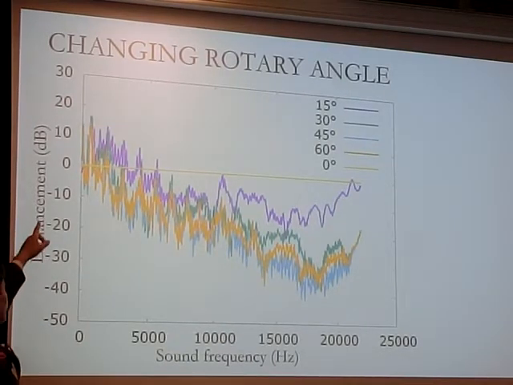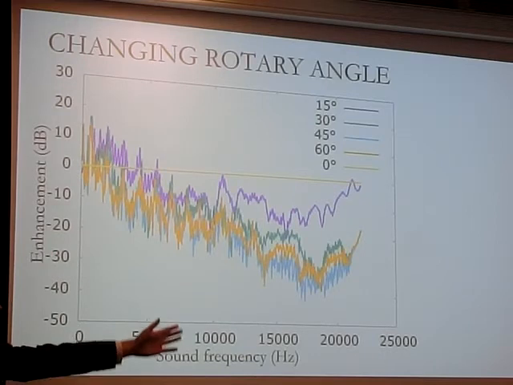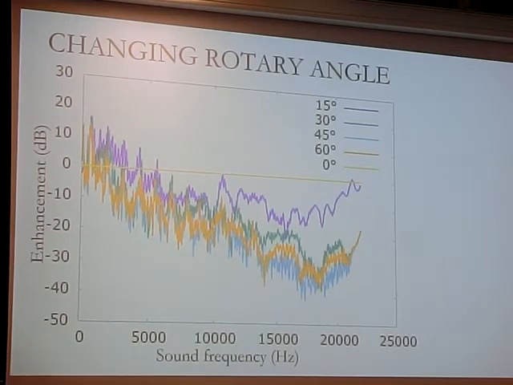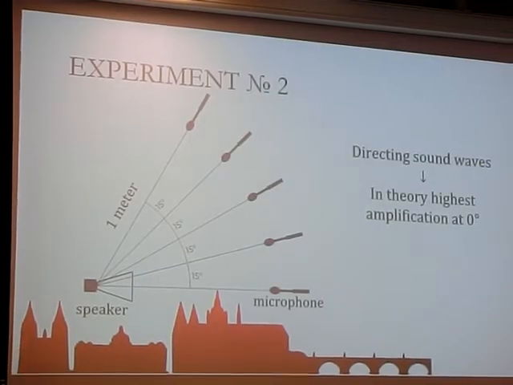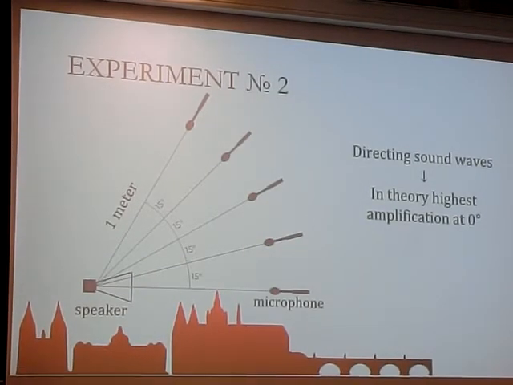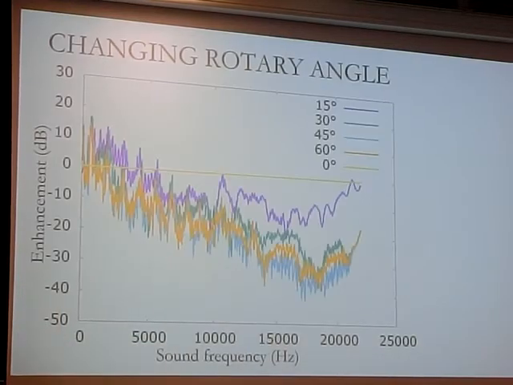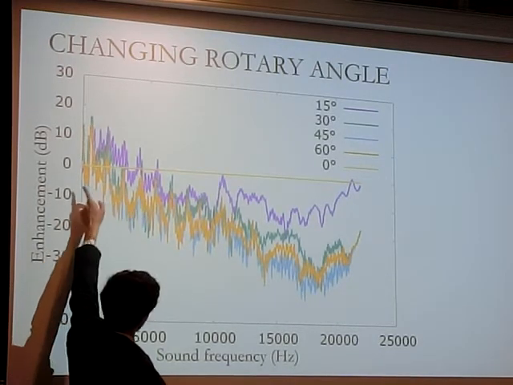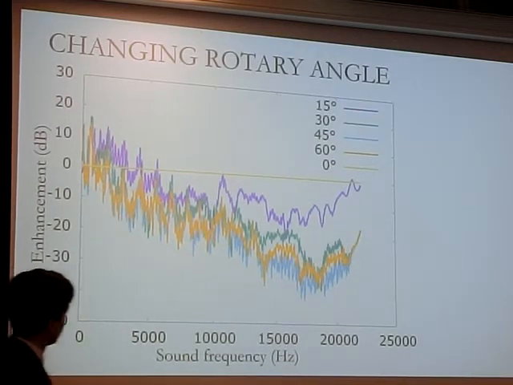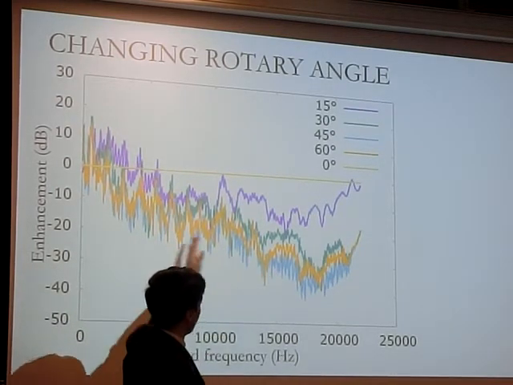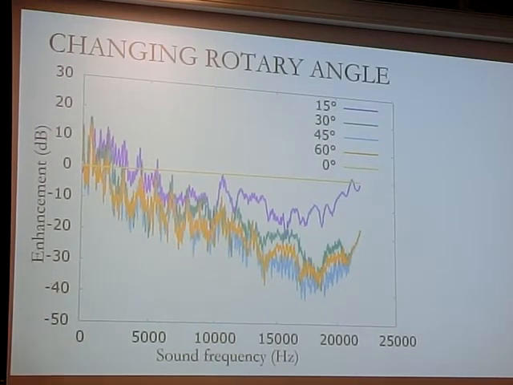You can see a comparison between amplifications at different angles, when we move the speaker along the axis at the same distance. At the beginning it's quite funky, but then it actually amplifies the sound pretty well as it falls off at the higher angles.